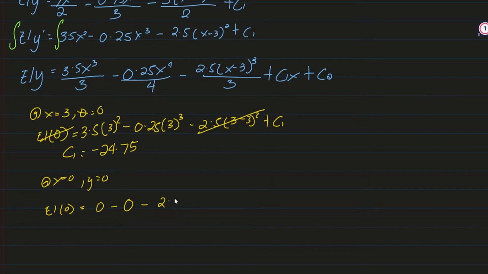Makikita natin, that's 2.5. 0 minus 3 over 3 cube. Plus, ano yung C1 natin? Negative pala yan. Yung C1 natin is negative 24.75 X. And your X is 0. Ayun. So, 0 rin. Ay, minus 0. Minus 0 plus C2. Okay.